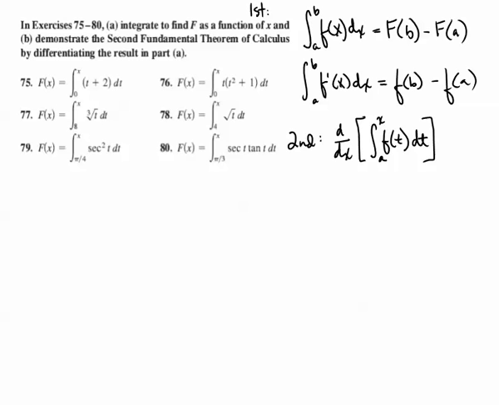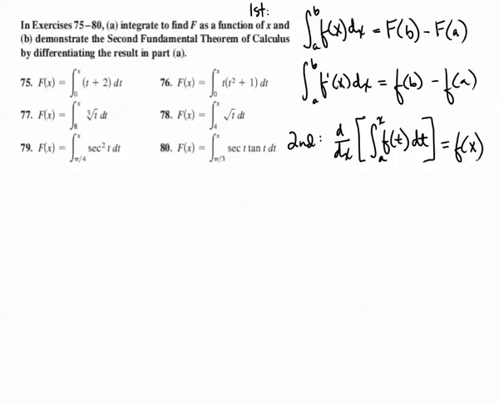And so I call that an integral defined function. And since it's a function, we can find its rate of change, or its derivative. The second fundamental theorem of calculus very simply says that the derivative of the integral defined function is the original function. Now, let's take a look at what that might mean here.